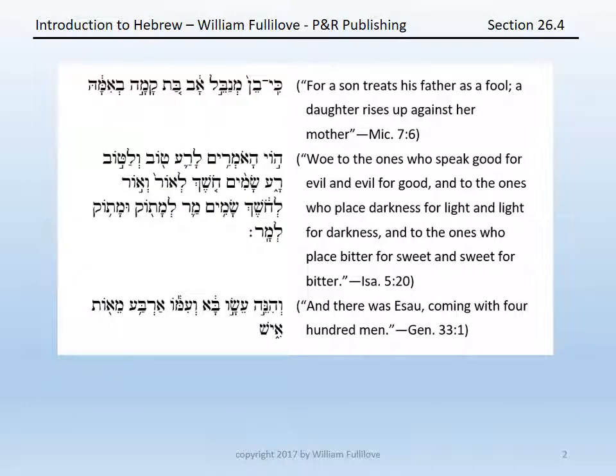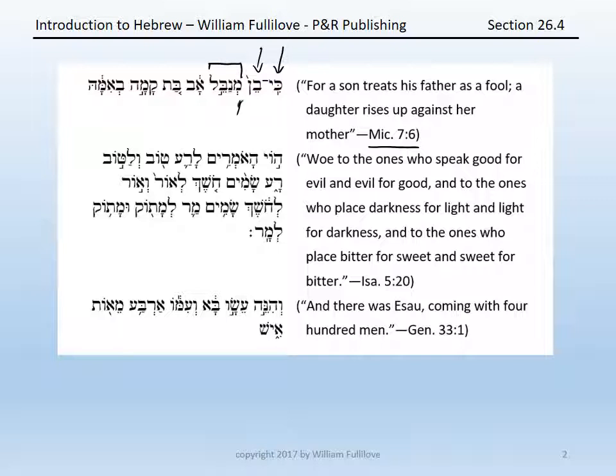Consider these three examples. First, Micah 7:6. Ki ven menabel av, bat kama ba'imah. So ki, causal, for; ben, a son; menabel.